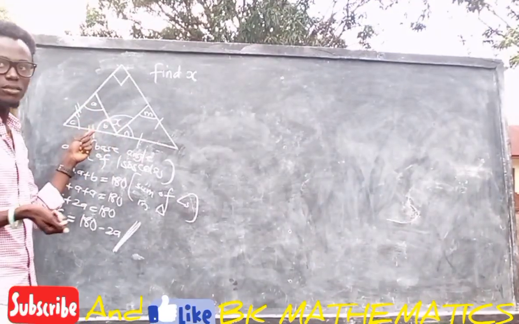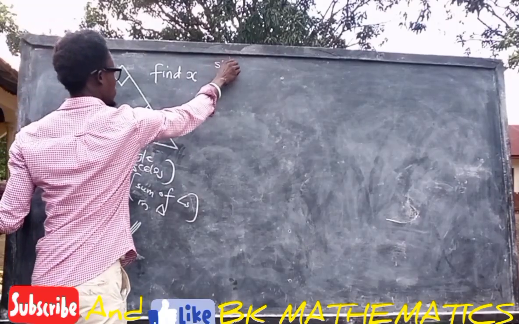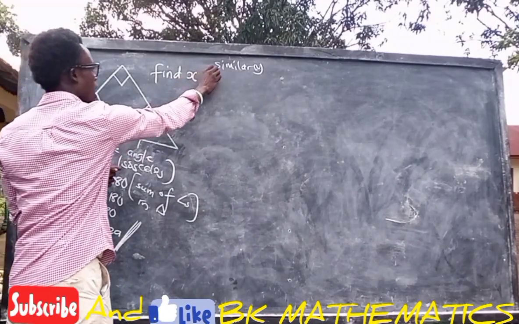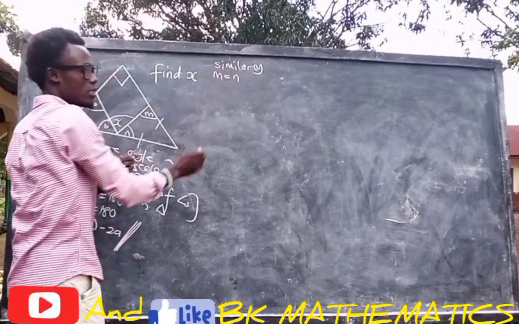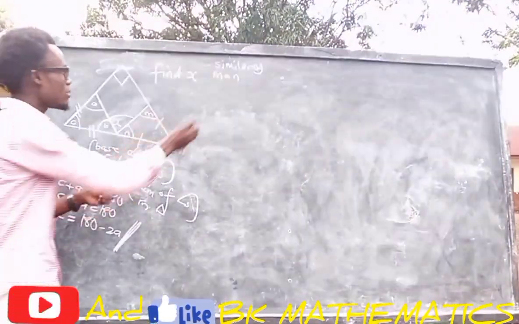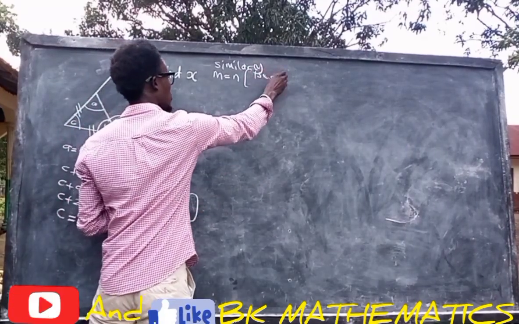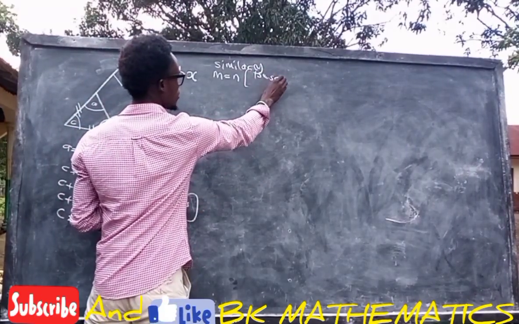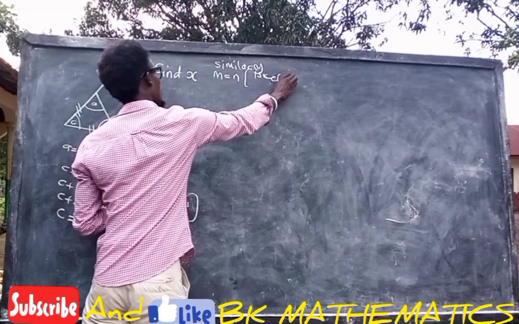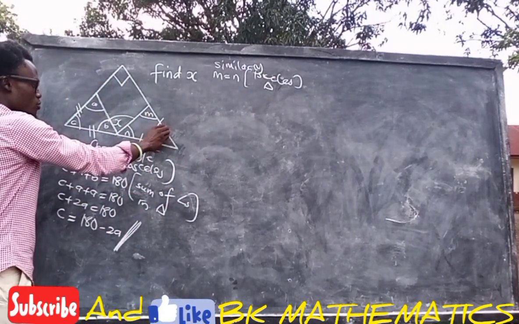Similarly, M is equal to N, just like N is also equal to M. The reason being, it is an isosceles triangle.